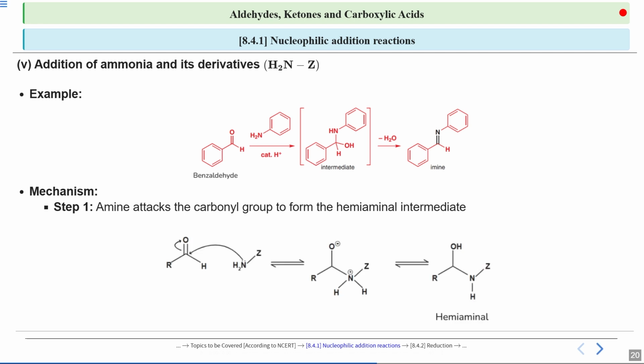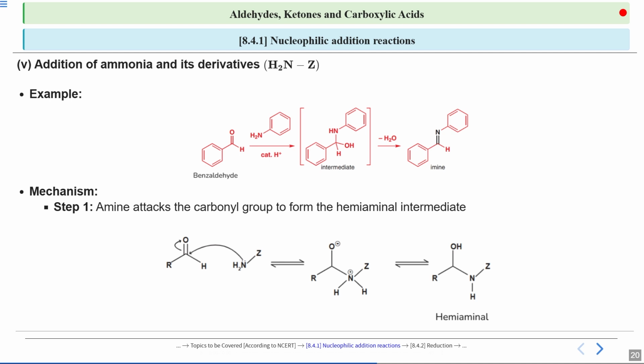In this step, the nitrogen lone pair on the amine attacks the electrophilic carbonyl carbon. This breaks the pi bond of the carbonyl and pushes the electron density onto oxygen. So nitrogen donates its lone pair, this double bond breaks, oxygen gets a negative charge, and you get a tetrahedral intermediate.